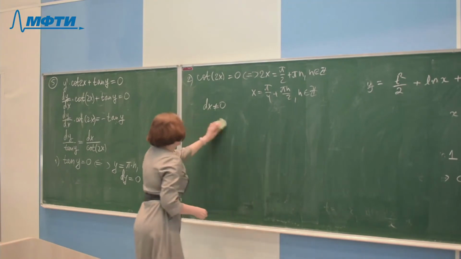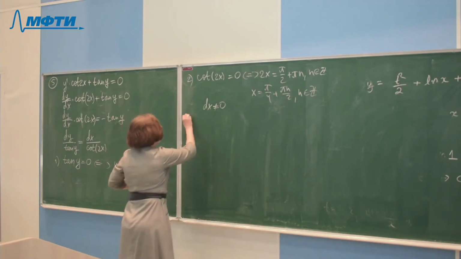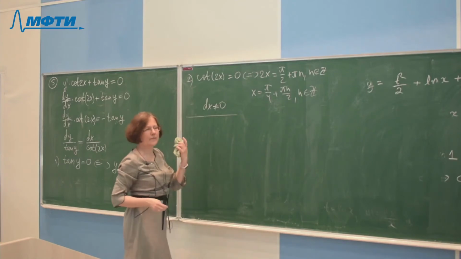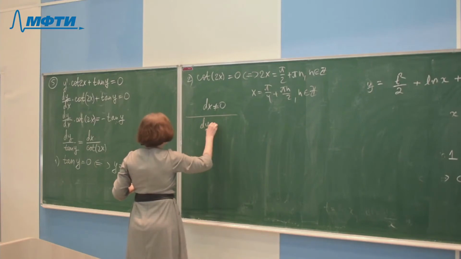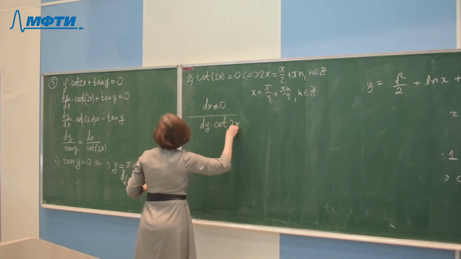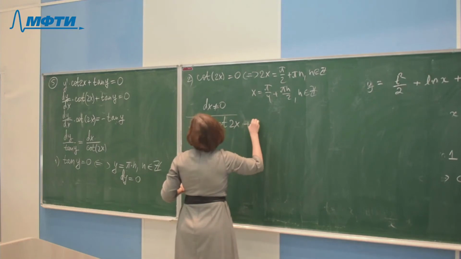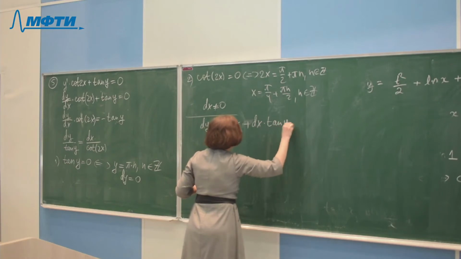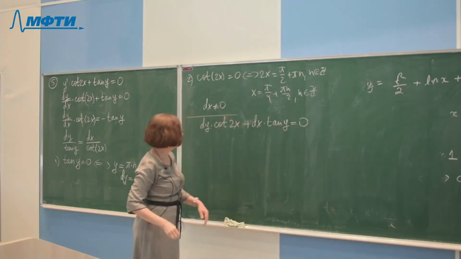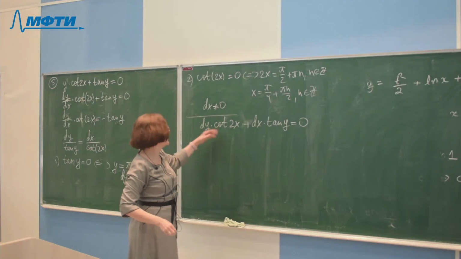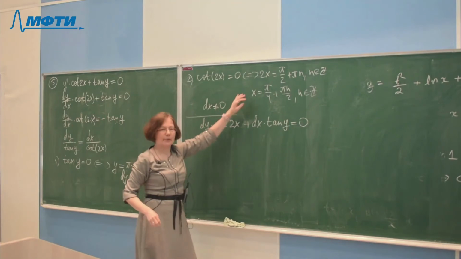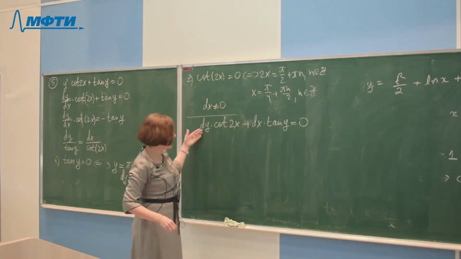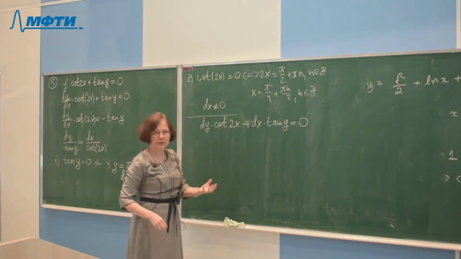Had we been given an almost similar differential equation, in the form dy times cos 2x plus dx times tan y equals 0, we would say that these are particular solutions and these are particular solutions, because in this equation x and y have equal rights.